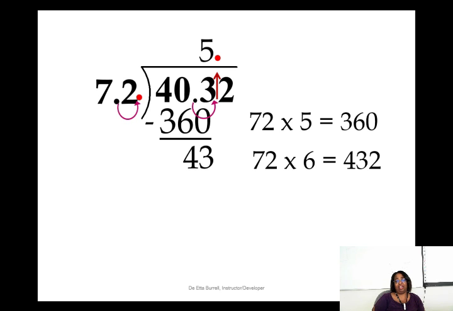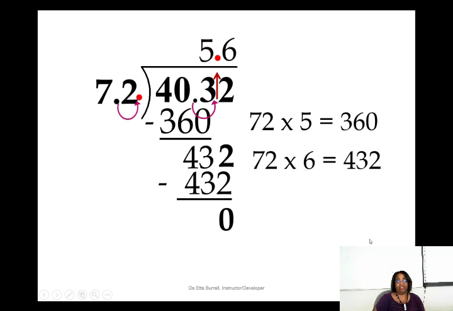So after I subtracted and get the 43, what should I do next? Bring down the 2, which is in the dividend. Now, how many times will 72 go into 432? You guys see it right there. Yeah, I already put it down on the table. So you're going to put 6 there. Multiply again, subtract again, and you have 0.